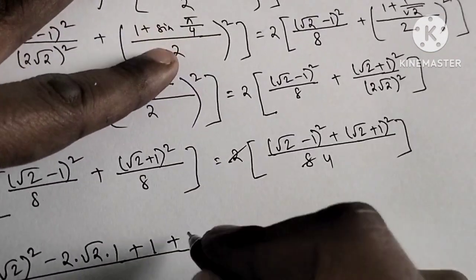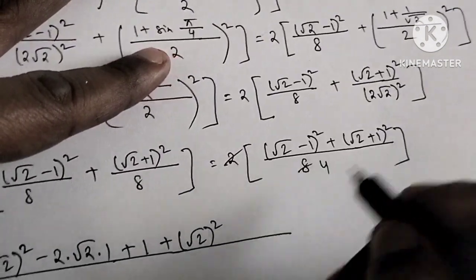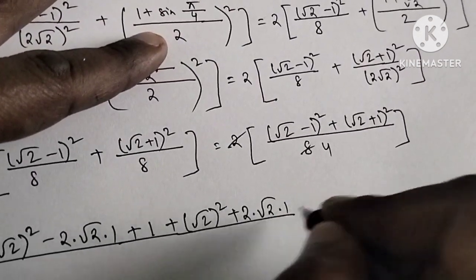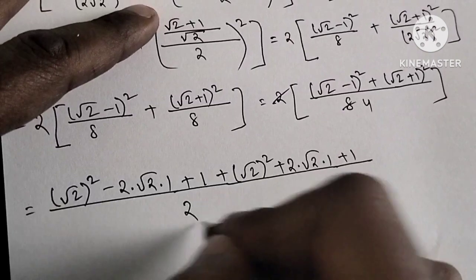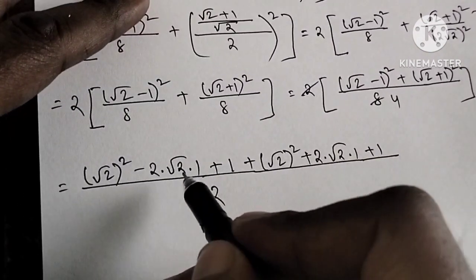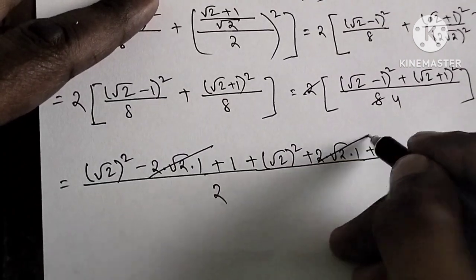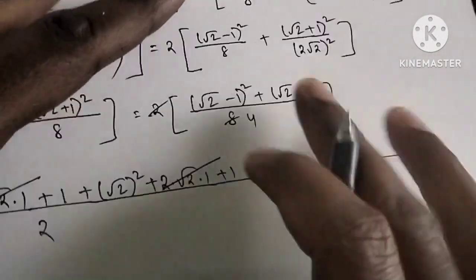Plus again root 2 square, this is a plus b whole square, a square plus 2ab plus b square, okay, by 2. See, minus 2 root 2 1 and plus 2 root 2 1 will get cancelled, okay? So what will remain?